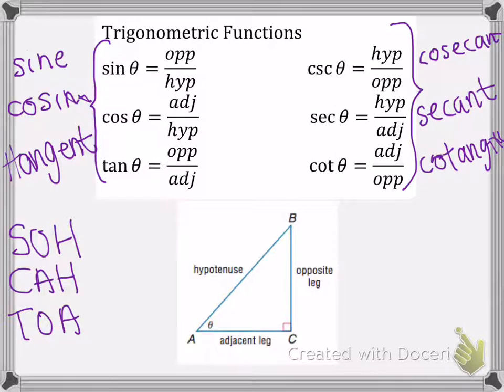If you notice, there's a special relationship between the sine and the cosecant, the cosine and the secant, and the tangent and the cotangent. They are actually reciprocals of each other. So yes, they are new, but they aren't anything super crazy and different.